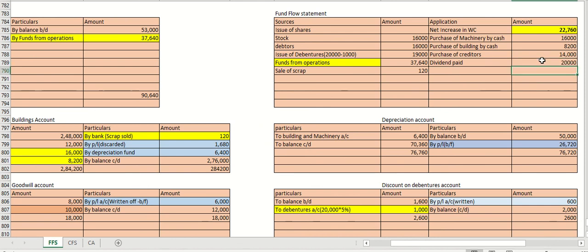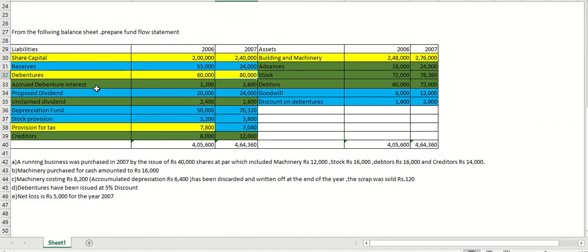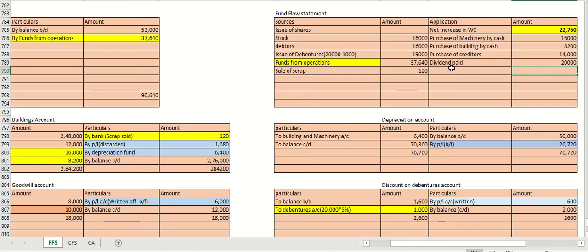So 20,000, since we have assumed proposed dividend as non-current liability, this is how we will consider. And provision for taxation, the last year, which is 7,800, is the last year provision, so which we assume the current year tax is paid out of the provision of the last year.